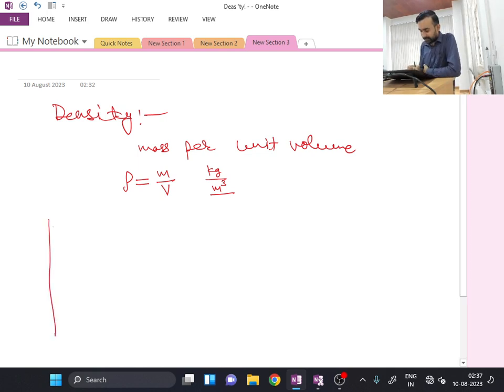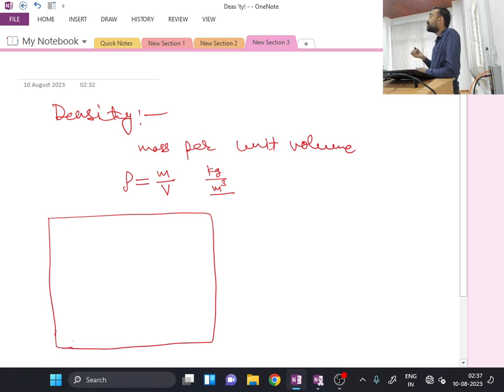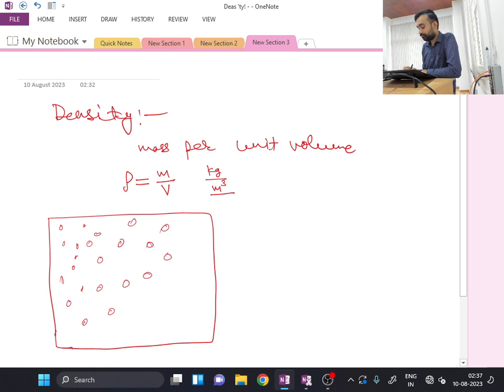So let's consider that we have a large container, and in this large container we are having some fluid. As we will be having some fluid, obviously we will be having an arbitrary number of molecules moving here and there. Of course, in between these molecules there will be some void spaces. Now, there can be multiple considerations.